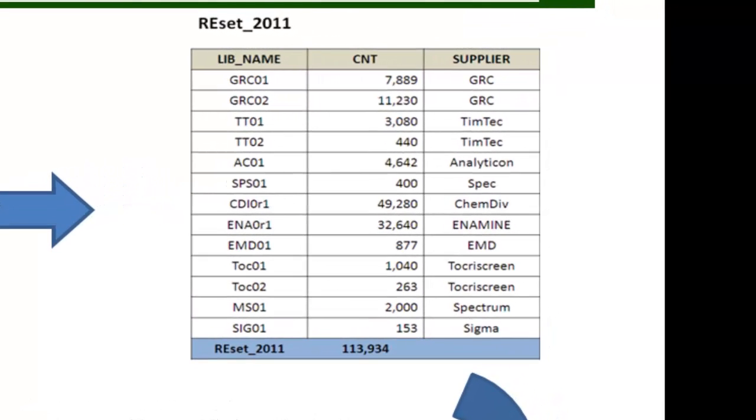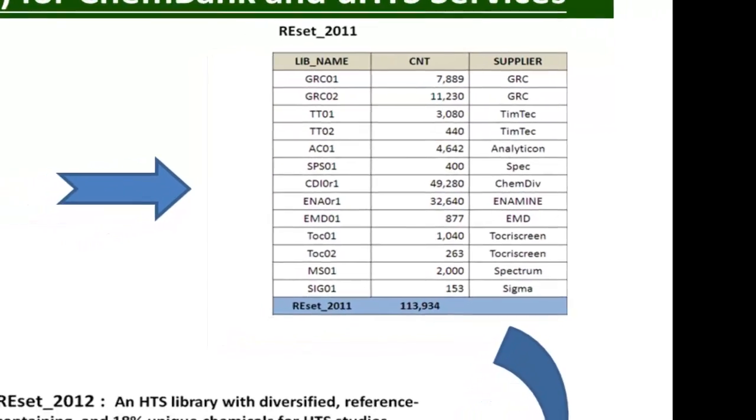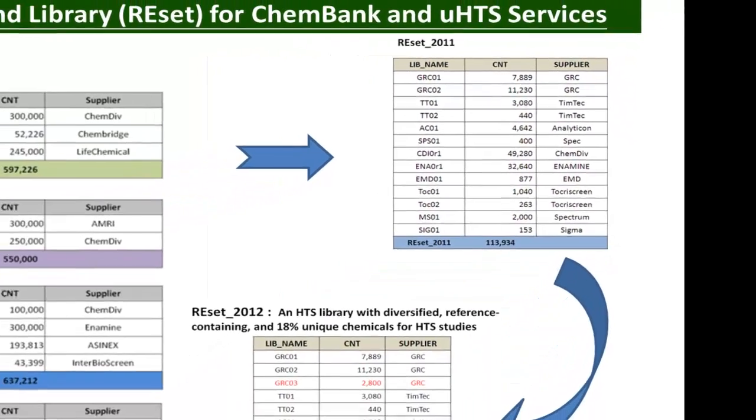So in 2011, our representative set contained 113,934 compounds. Another purpose of this resource center is to maintain and improve the compound library.